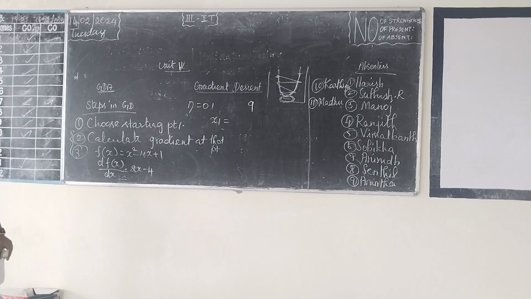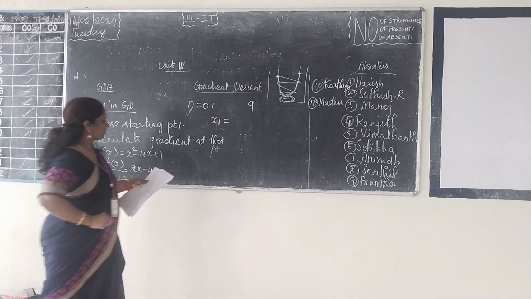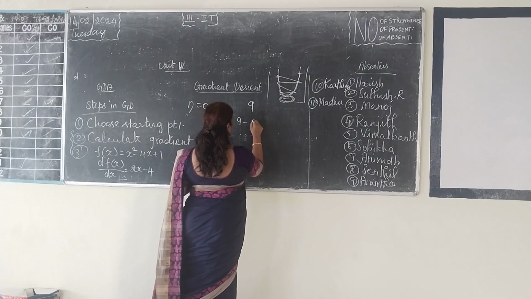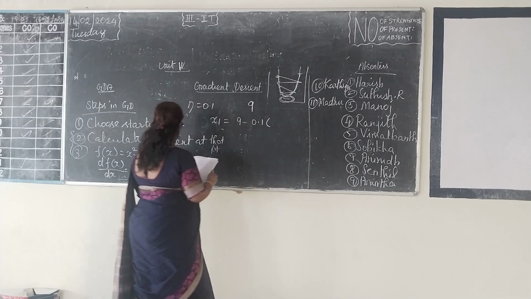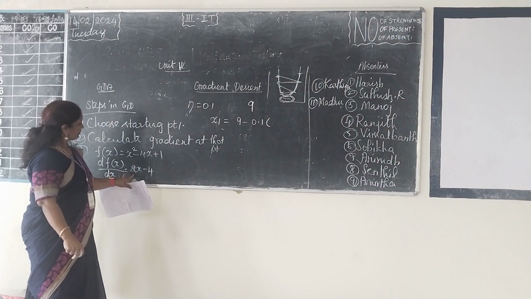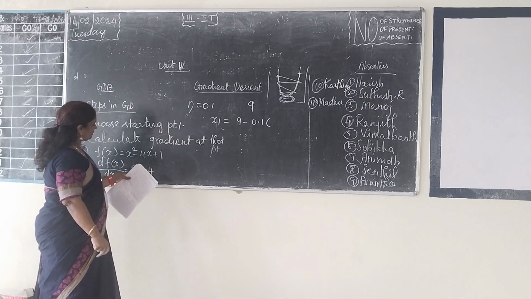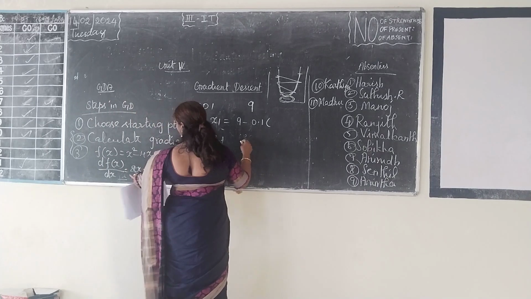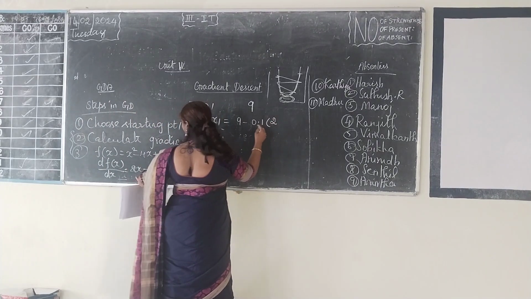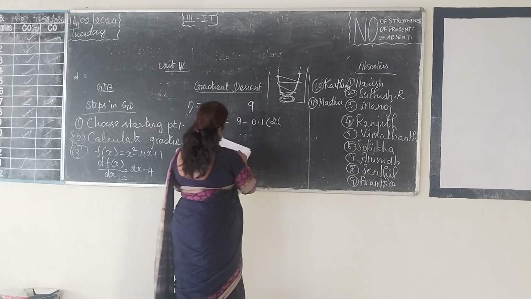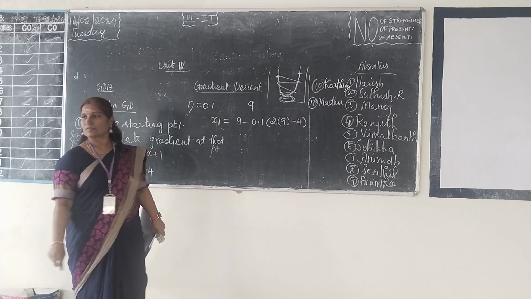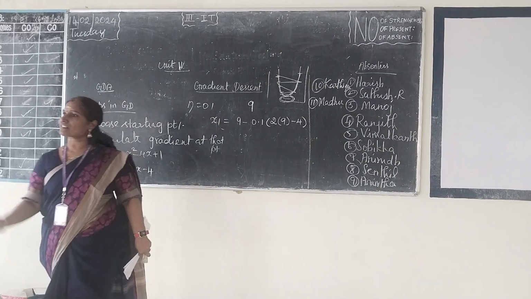The initial value of x is 9, your learning rate is 0.1. So 9 minus 0.1 times 2x minus 4, where x is replaced by 9.